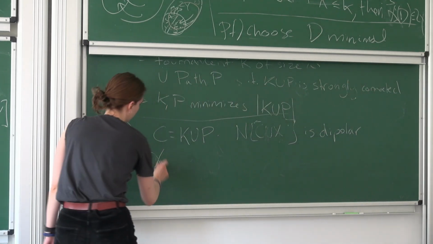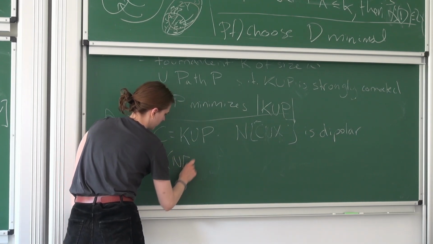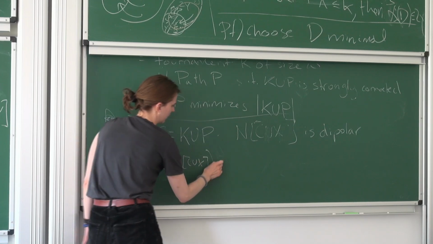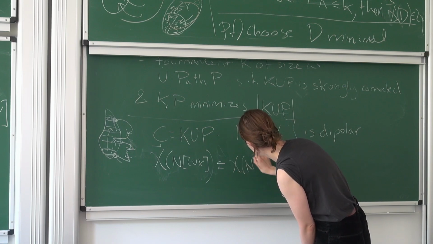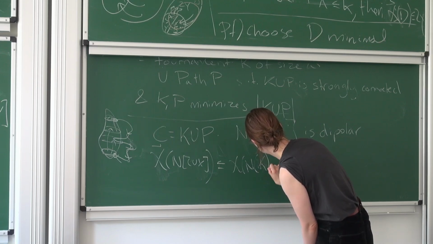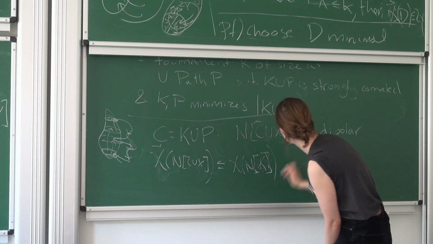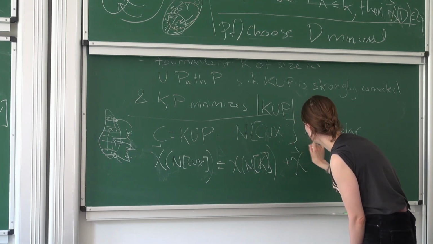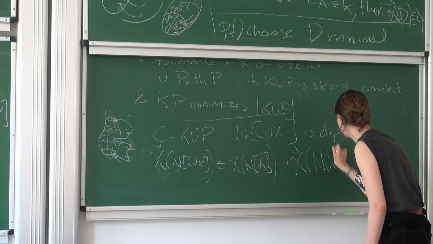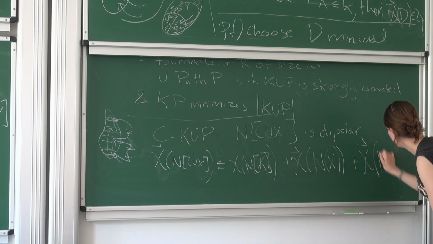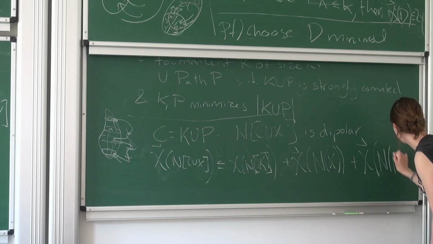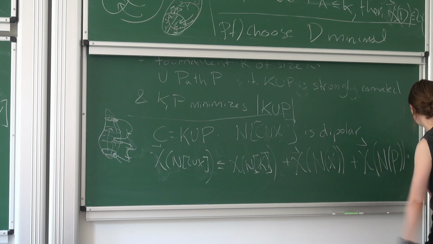And the chromatic number of this X is going to be at most chi of N[K], the closed neighborhood of K, plus chi of N(X), plus chi of N(P), plus the chromatic number of P, which is at most 2.